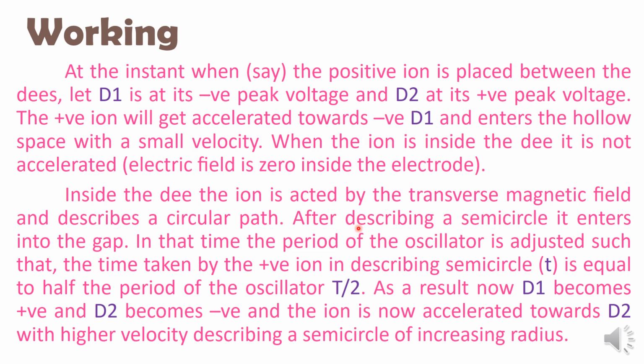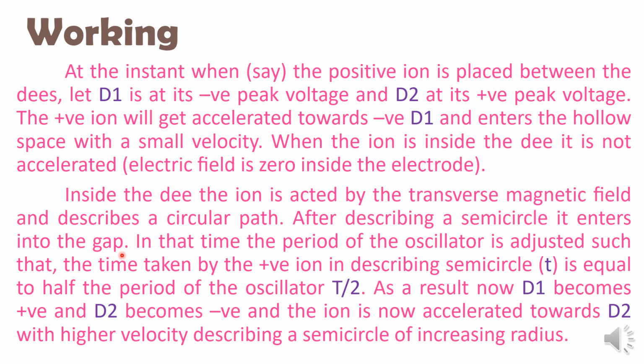Now, after describing a semicircle, again it enters the gap. Now, as soon as it enters the gap, the electric field is not equal to 0. Once again it gets accelerated by the electric field.